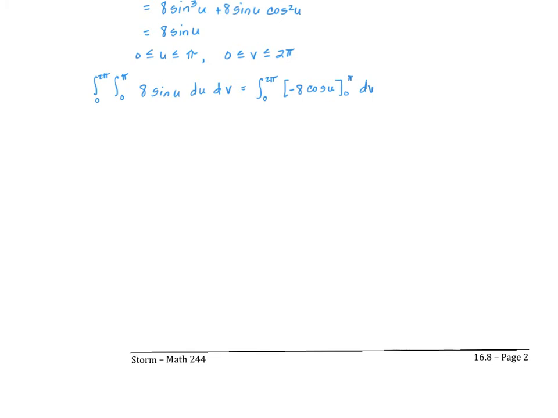So that would be 8 minus negative 8, so positive 16. Which then becomes 16v from 0 to 2 pi, and I get 32 pi. So this verifies that it doesn't matter which side of the divergence theorem you use, you still get 32 pi.